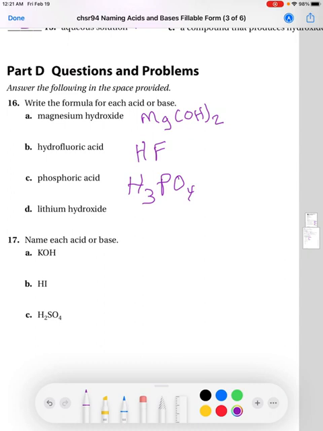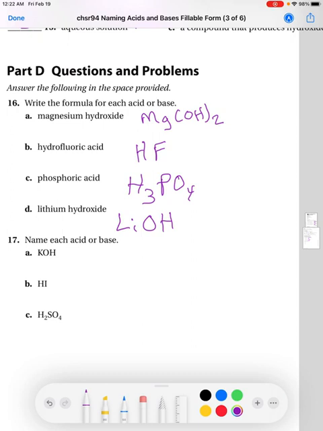And lithium hydroxide would be lithium, Li, which is group 1, +1, hydroxide. This is element number 3, very small element, wonderful pharmacological effects, a first-line drug for treating depression, at least in the old days.